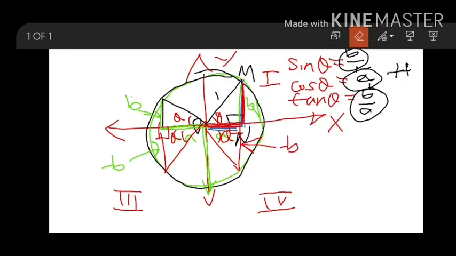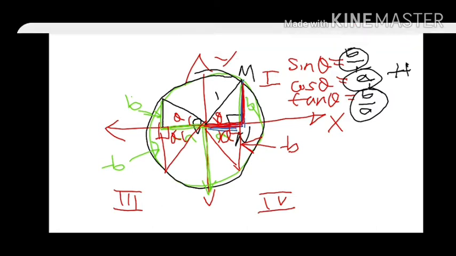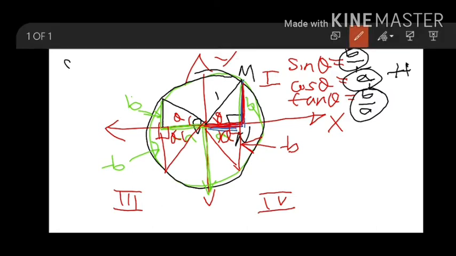Okay, let me erase and make it clean here. Let's say this is sin theta on this side. Sin theta will be opposite, that is B by hypotenuse, which is 1. And cos theta will be base. Base is minus A, so we have minus A by 1. That means cos is negative.